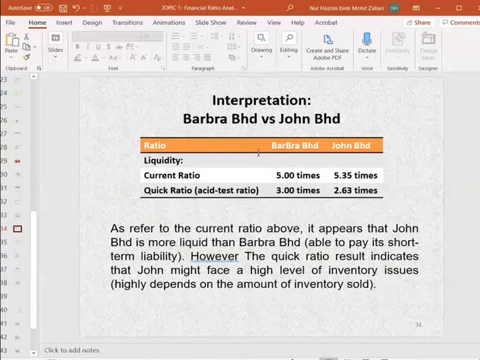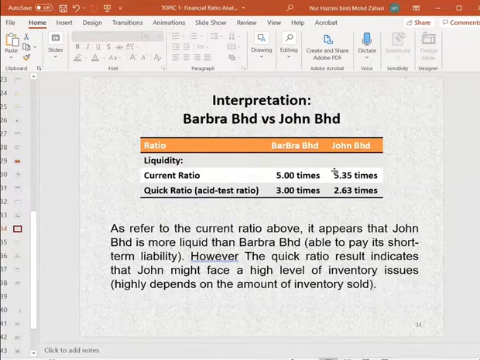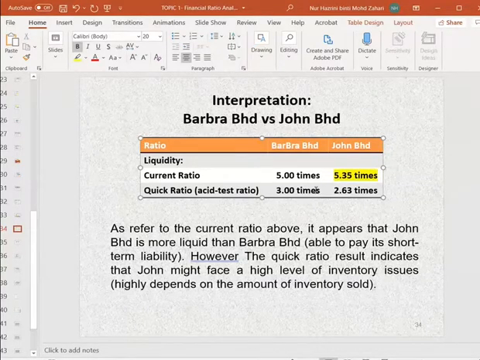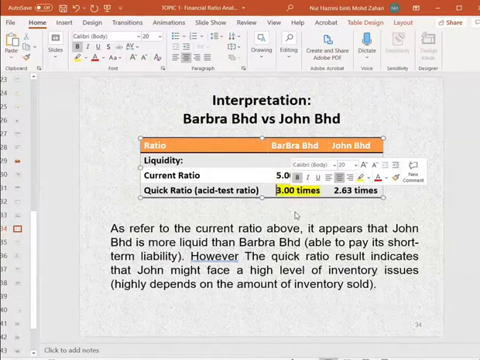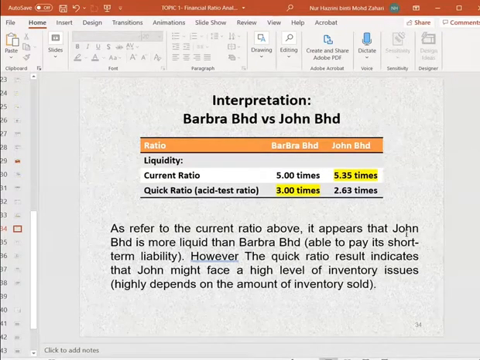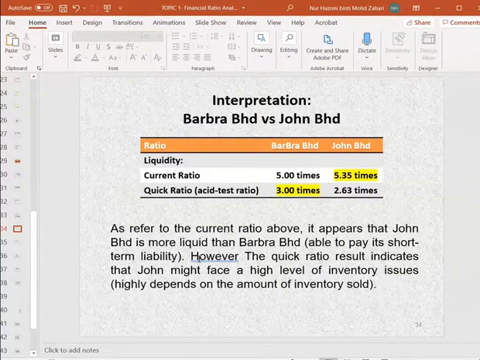So next we will go to liquidity. So here John is better in current ratio, but Barbara is better in quick ratio. So as referred to the current ratio above, it appears that John Berhad is more liquid, able to pay a short-term liability.